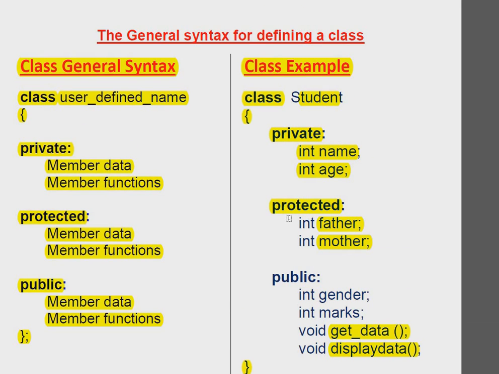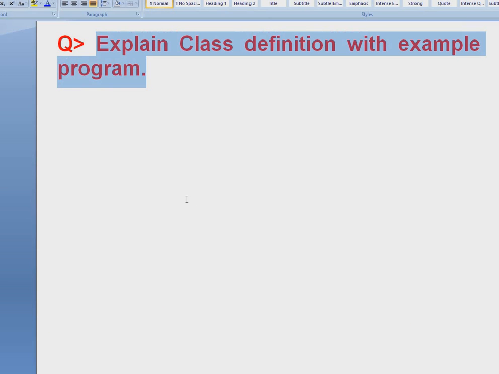Now we will see how to create class and how to write a complete program using class. In examination you will get a question like this: explain class definition. You have to write the general syntax and explain, then you have to write an example program. This is very important.